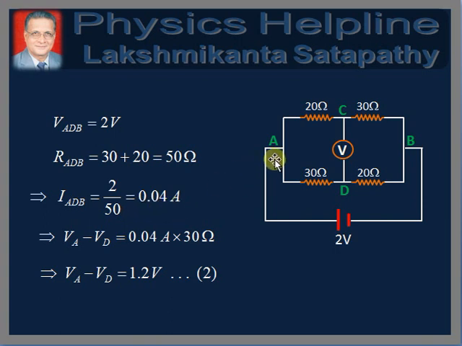So now the potential difference across the points A and D, VA minus VD, will be equal to the current in the arm, 0.04 amperes, multiplied by the resistance between A and D, which is 30 ohms. Therefore, VA minus VD will be equal to 1.2 volts.